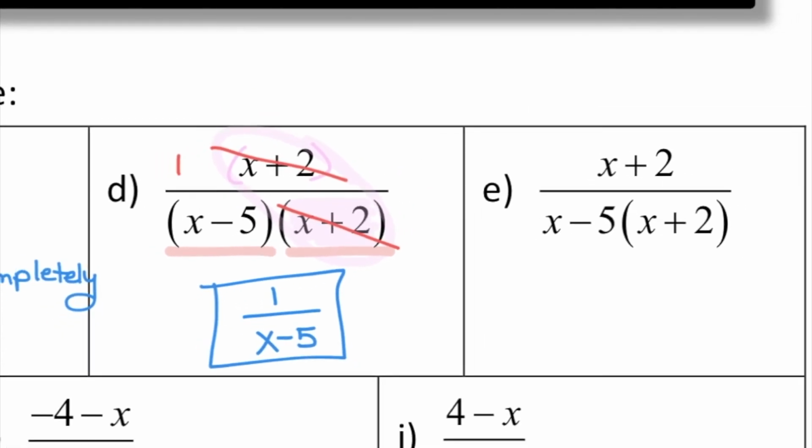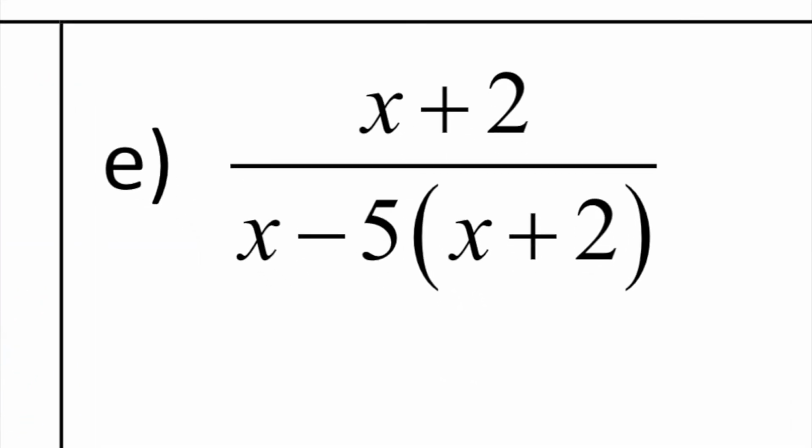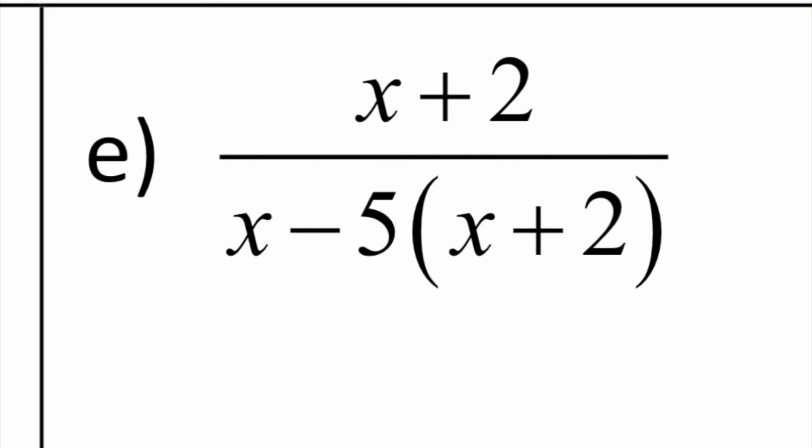Now I want you to visually compare letter E to letter D. The only thing that's different is that I didn't put parentheses around the x minus 5. But that changes what the biggest problem is. What that does is it says that the biggest problem here in the denominator is a subtraction problem.